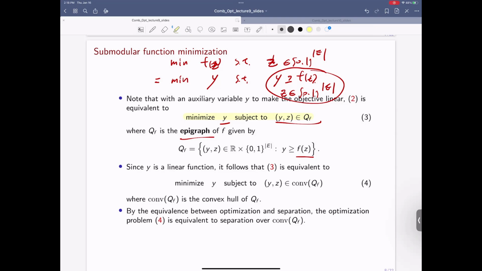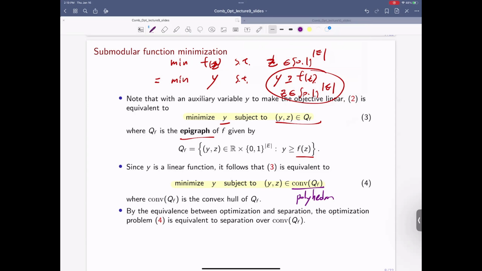And we have this mixed integer set. This problem is equivalent to taking the convex hull of this set Q of f. We saw this this morning. So you can take this equivalent problem of minimizing this variable y, where the feasible region is taken from the convex hull. And you can argue, this is not too obvious, but you can argue that this thing is a polyhedron.